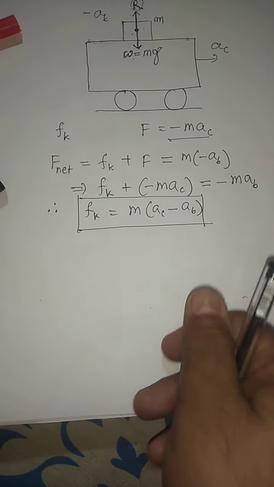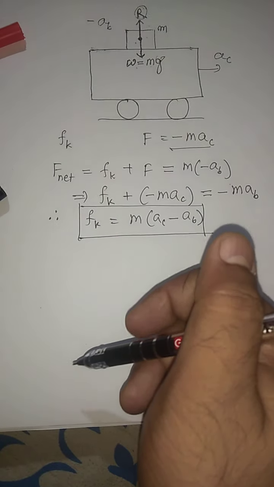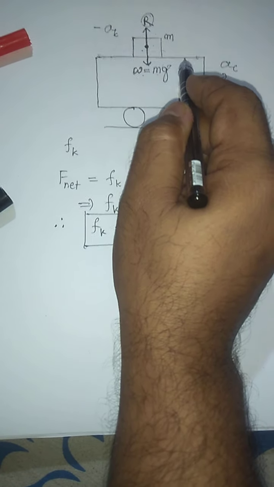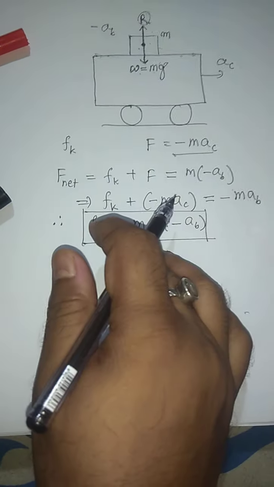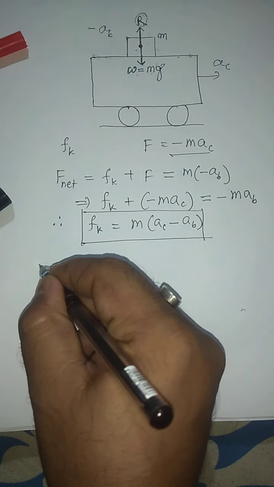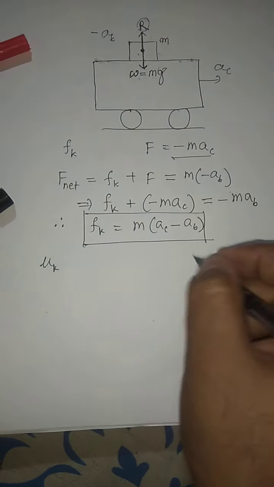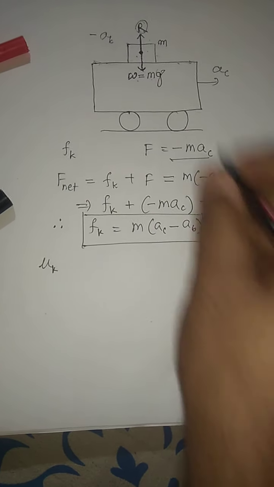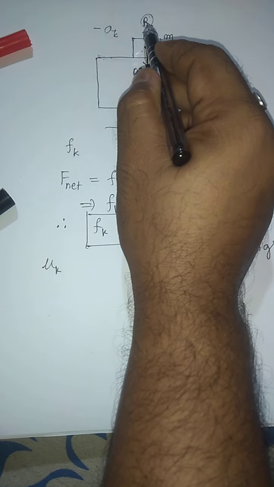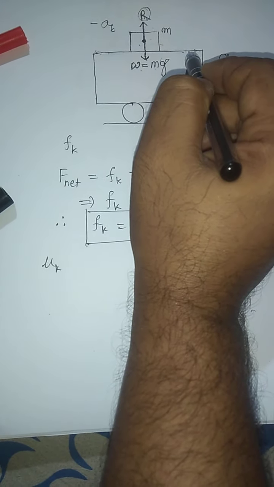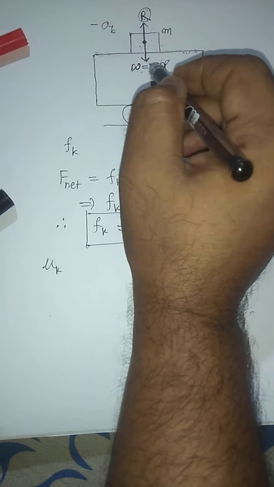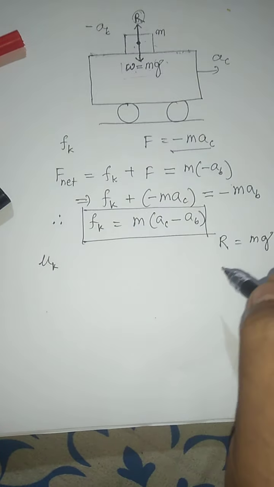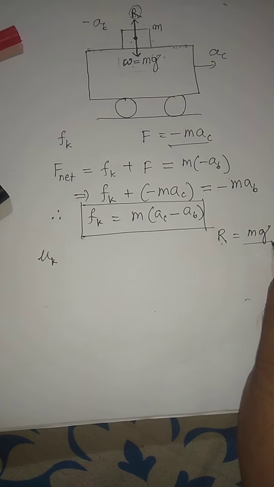Now let's find an expression for the coefficient of kinetic friction between this block and the top surface of the cart, and let it be mu k. We have the normal force R is equal to mg, as the normal force exerted on this block by the top surface of the cart cancels or balances the force of gravity. W is equal to mg, thus R equals mg.